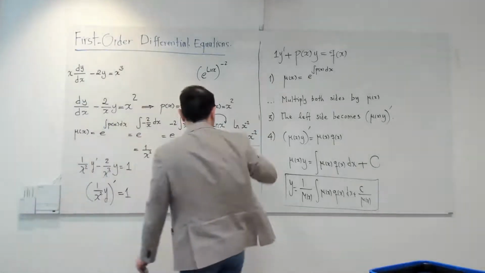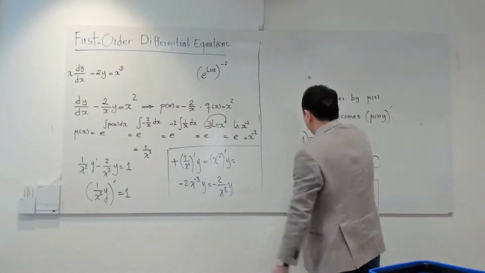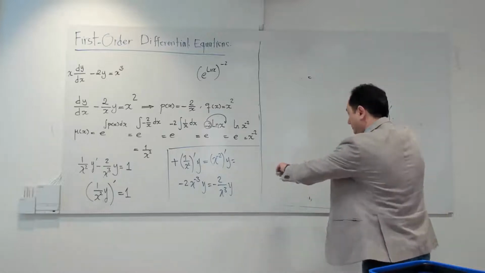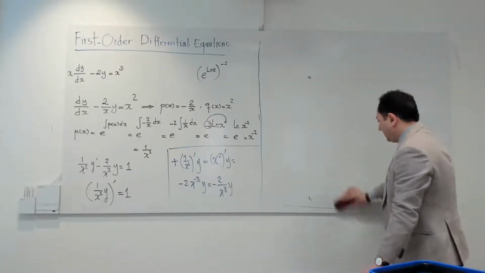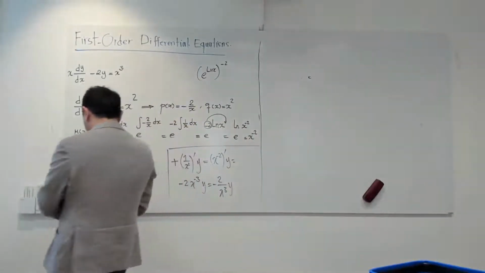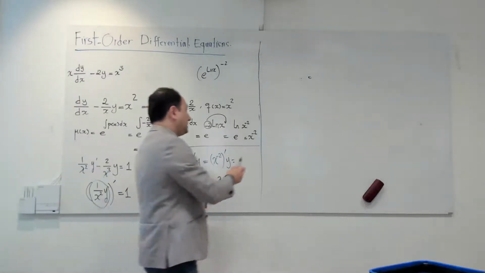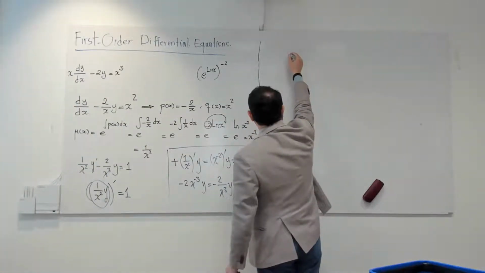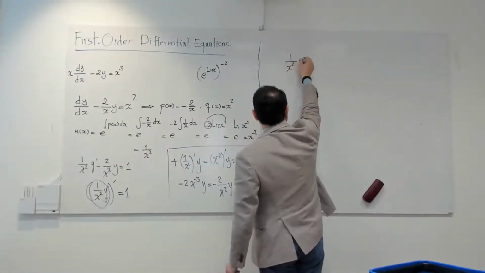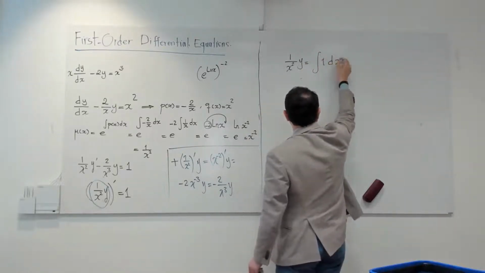And now that you have also confirmed that, which you really don't need, you can now calculate y, yes? So how can I calculate y now? I would say that this is something whose derivative is 1. So let me write everything. I would write that 1 over x squared times y is the integral of 1 dx.